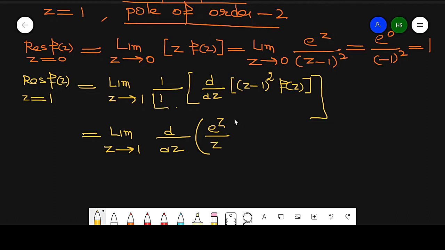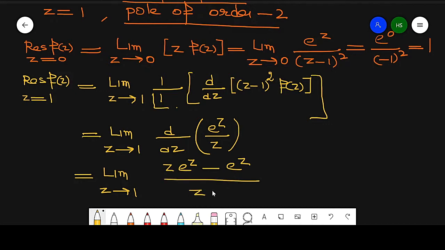Now differentiate. When we differentiate this term, we get (z e raised to power z minus e raised to power z) over z square.